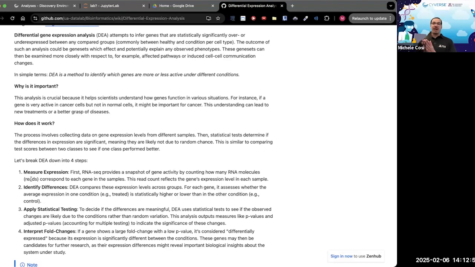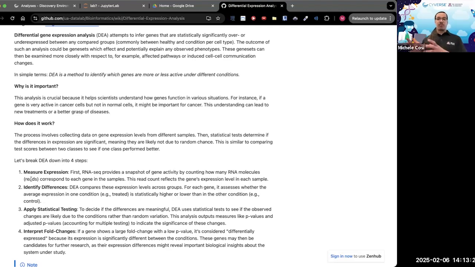So let's say that we have 10 people in this experiment. We want to sequence their RNA to see how differentially expressed specific genes are under a specific stressor.